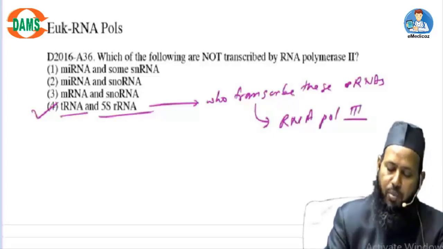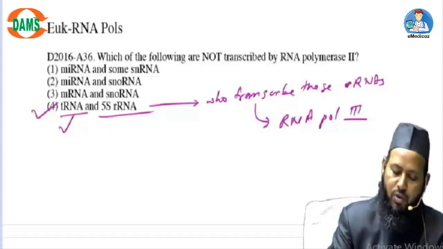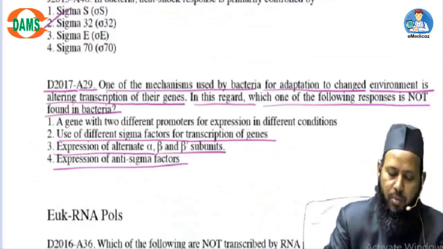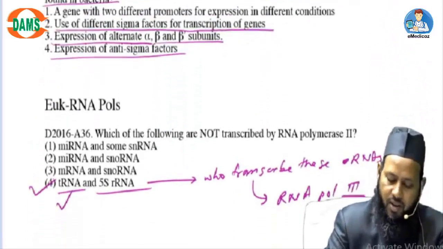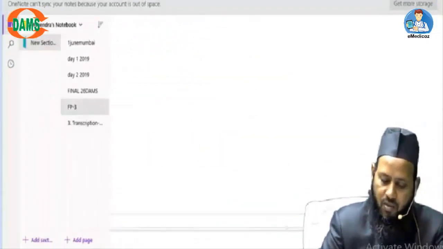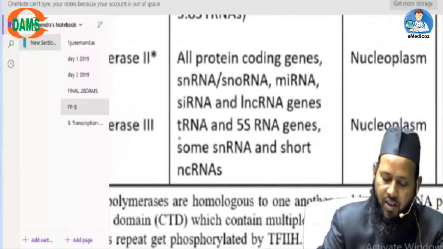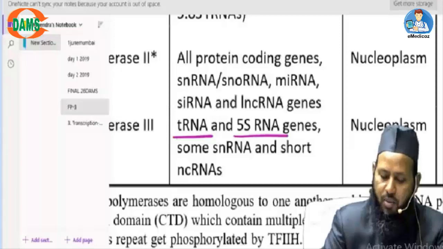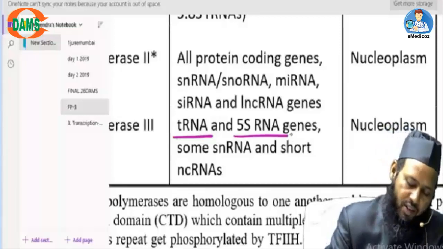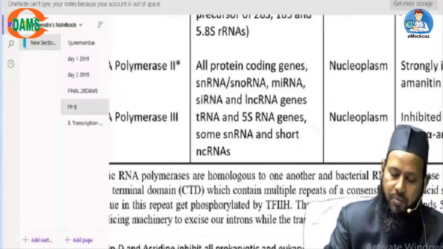Because RNA polymerase 3 transcribes the tRNA and some ribosomal RNA, which is the 5S ribosomal RNA, if I remember correctly. So tRNA and 5S ribosomal RNA are transcribed by RNA polymerase 3.